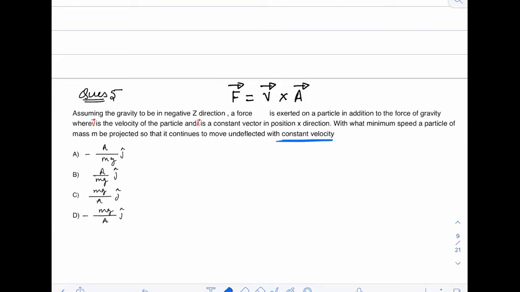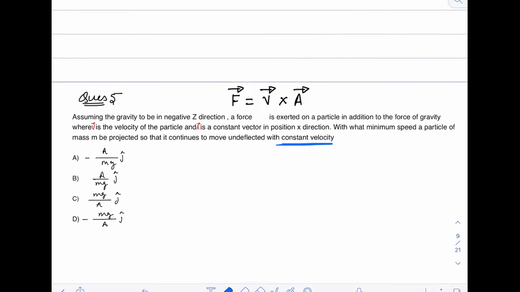See here. Now it is saying that A vector is along the x-axis. Gravity is along the negative z direction. So if I assume this is positive z, this will be the negative z direction.